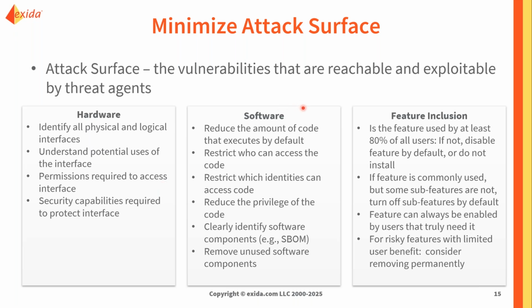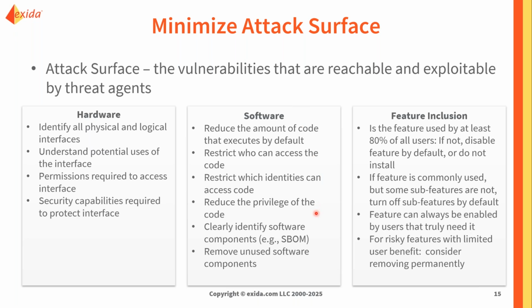On the software side, we can think about applying those same techniques to the actual code running on the component. Reducing the amount of code that executes by default is going to reduce the amount of code that could be readily exploited. Restricting access to the code, again, to the minimum amount of people who should be able to modify it.